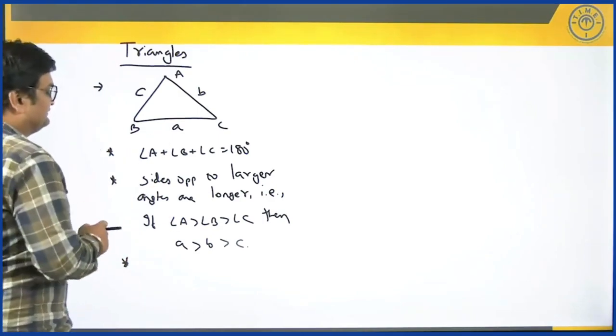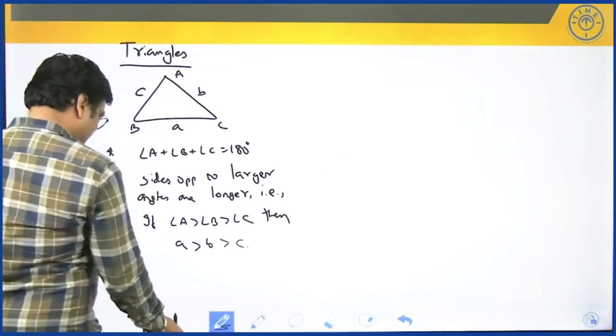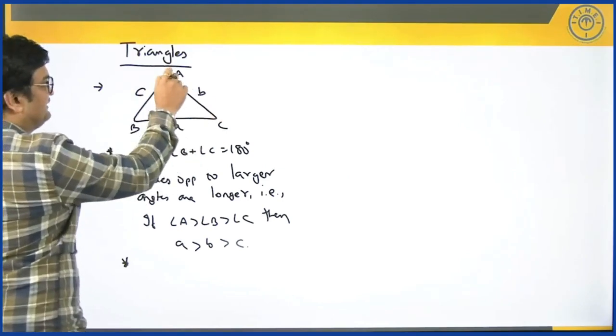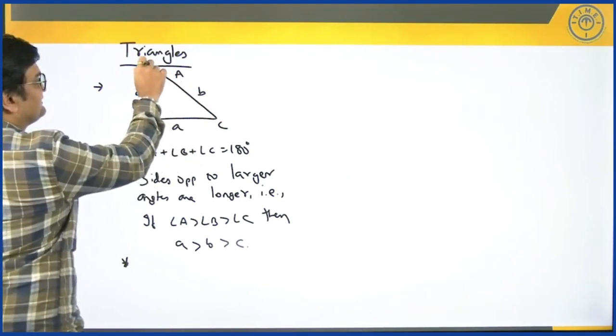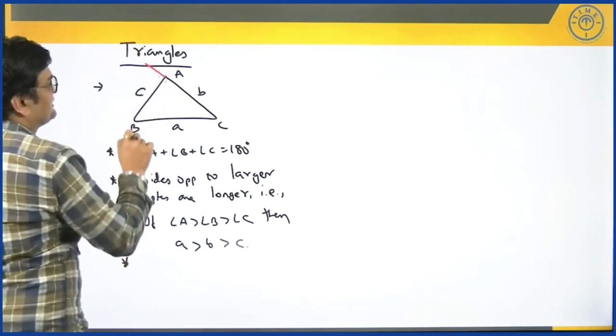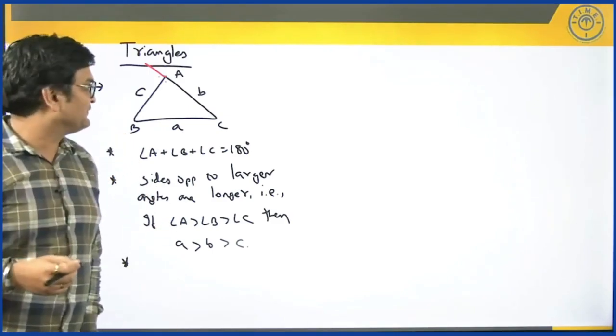Now in a triangle, each exterior angle, so the way to find out the exterior angle will be: at vertex A, there are two sides which are converging, extend any one of the sides, any one. So the moment you extend the side, you see there is this linear pair which is formed here, these two angles forming a straight angle.